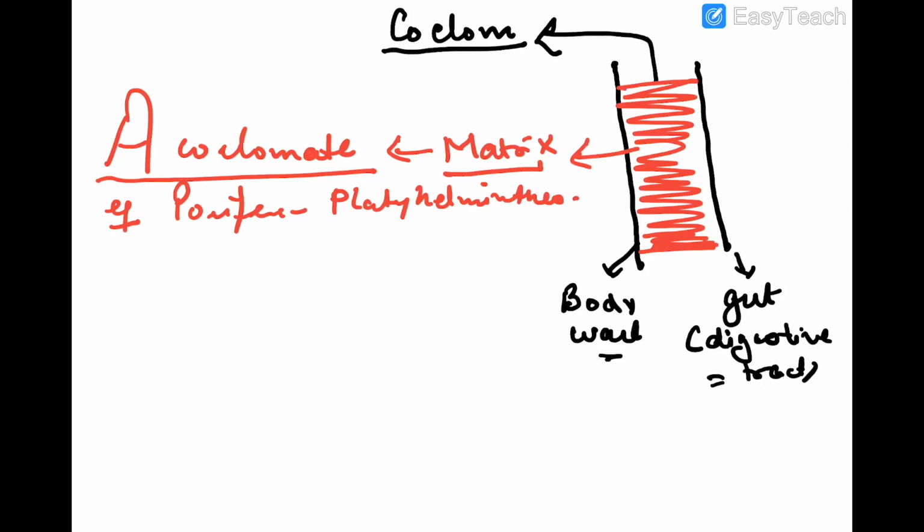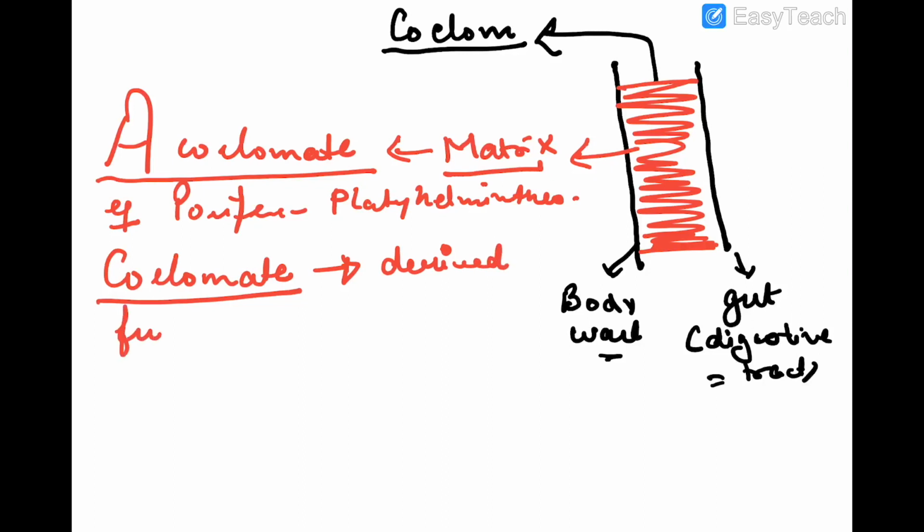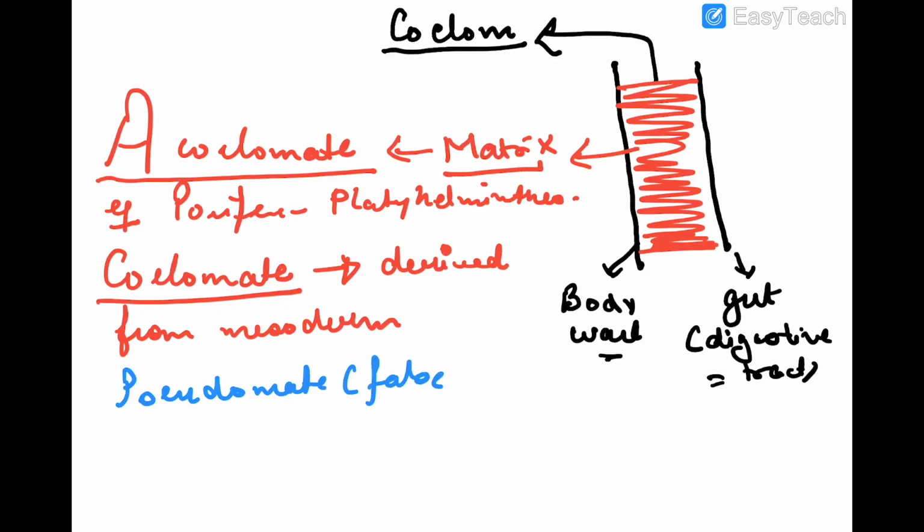The organisms in which coelom is present are known as coelomate. And here the coelom is derived from mesoderm. There is a third type of organisms which are known as pseudocoelomate or having false coelom. In pseudocoelomate, the coelom is not lined by mesoderm.